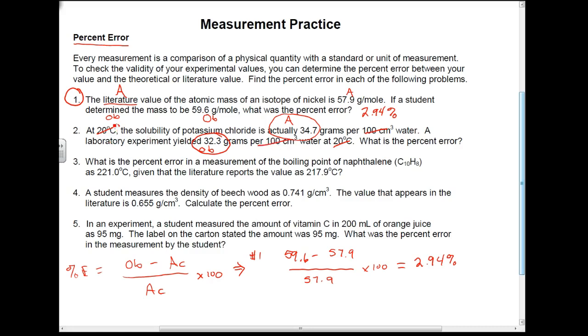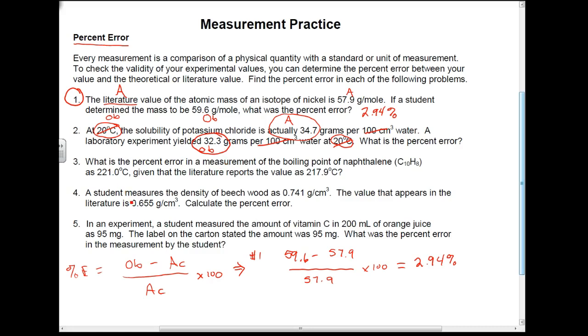In chemistry, things are always performed at a specific temperature. Rarely does that temperature affect the math in the problem. And this is just telling you how much goes into 100 centimeters cubed or 100 milliliters of water. So what really matters is the 34.7, that's our accepted, and our observed, 32.3.